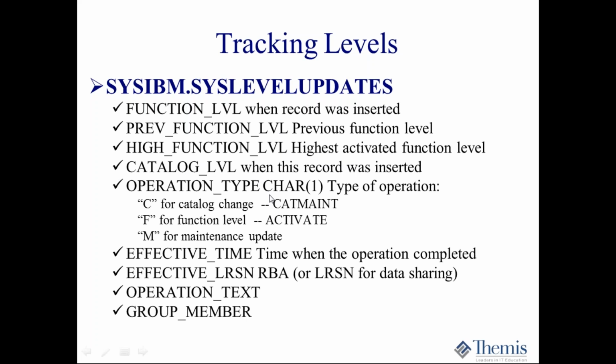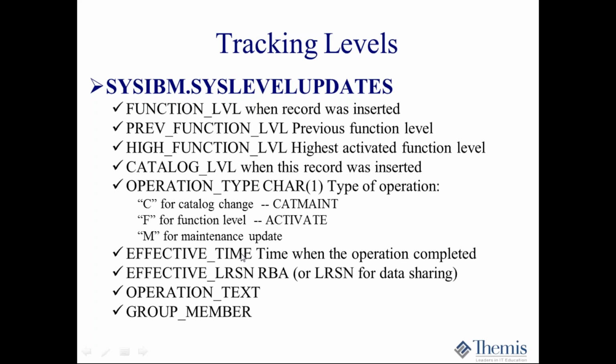And we also have the type of operation. Did CatMaint put this row, so we get the catalog, or did we do it via an activate? Or was the operation your in-stream maintenance that applied the PTF to set the code level in your library's code level to the modification?